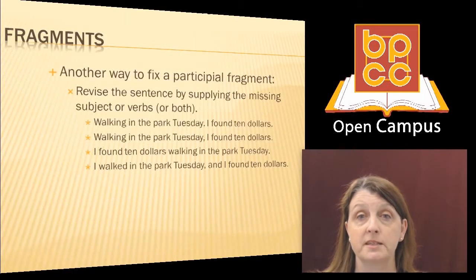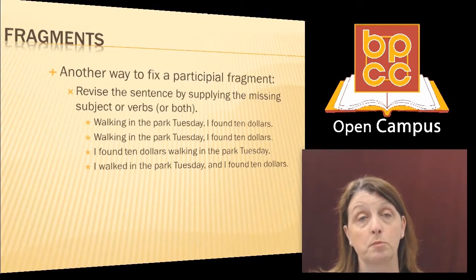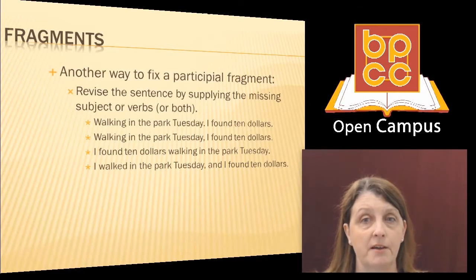There is another way to fix a participial fragment. Revise the sentence by supplying the missing subject or verbs or both. Here's our sample again. Walking in the park Tuesday, I found $10. Okay, we joined them together to make a nice sentence. Walking in the park Tuesday, I found $10, and there's our comma. Then we flipped it. I found $10 walking in the park Tuesday.